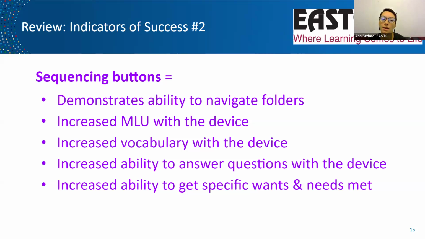It allows him to increase his ability to answer questions. In order to answer a lot of questions, you need a lot of fringe vocabulary, a lot of nouns, and they have to be organized in folders once again. And then lastly, to get his specific wants and needs met, which is an item on a letter of justification for insurance as well. The keyword there is specific. You can't be specific about what you want or need if you don't have hundreds of words, and they have to be organized into folders that you have to be able to navigate.